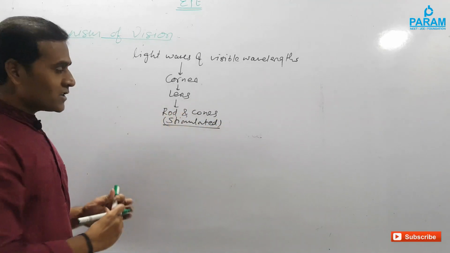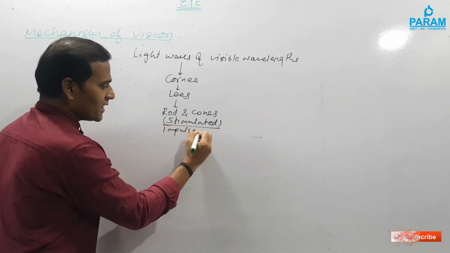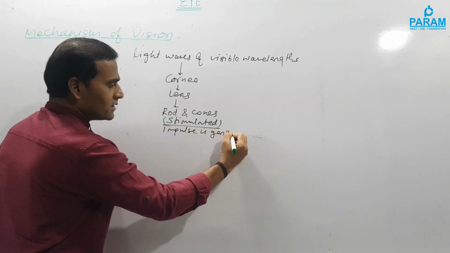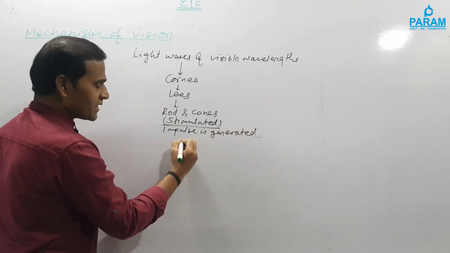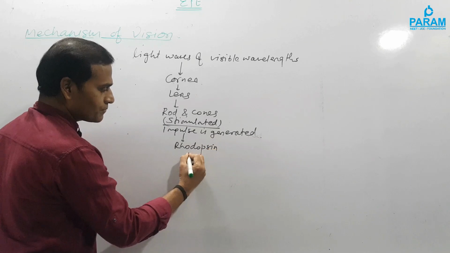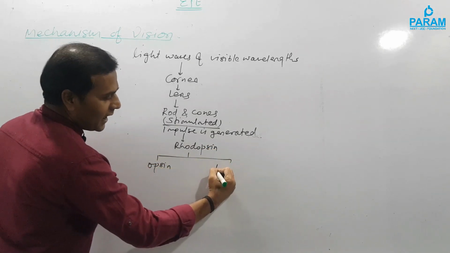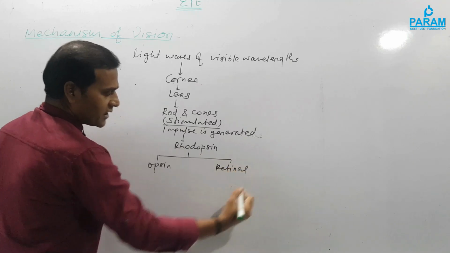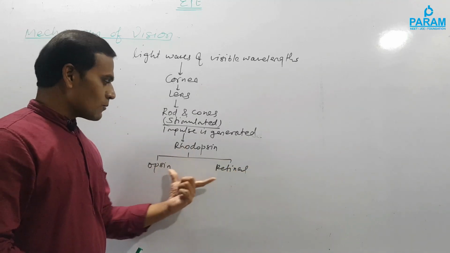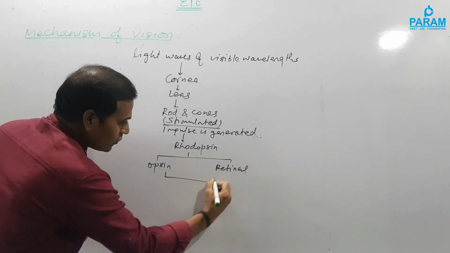So rods and cones are stimulated and impulse is generated. As the impulse is generated, it causes photopigment, that is rhodopsin, to break into opsin and retinal. As we earlier said that this rhodopsin is made up of these two, that is protein and this aldehyde.